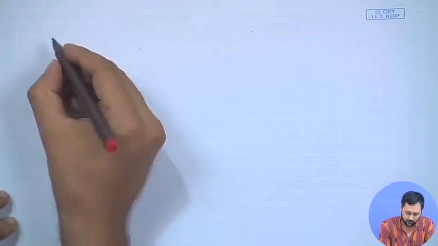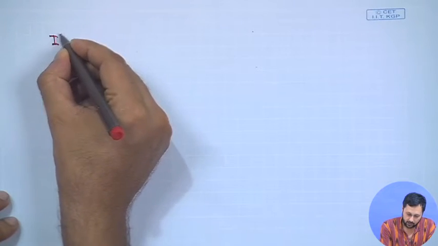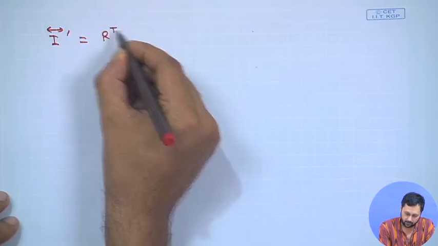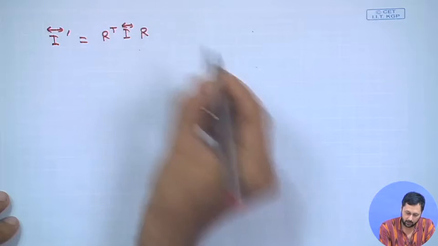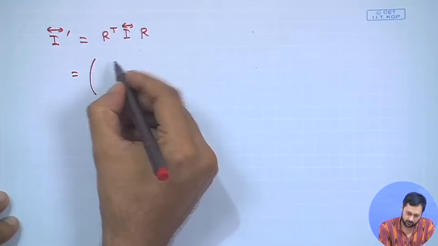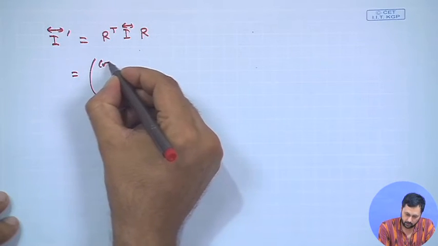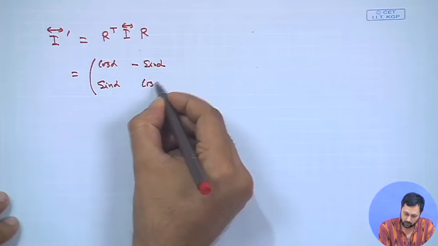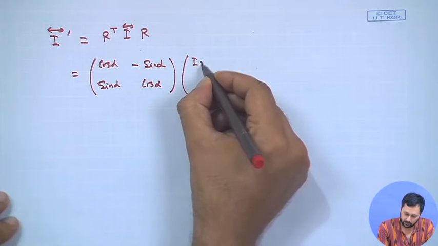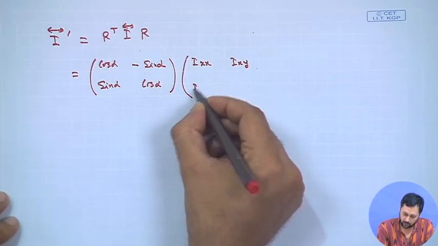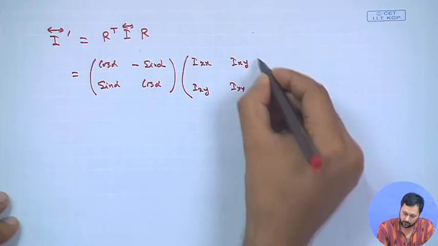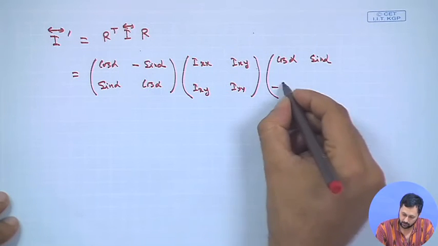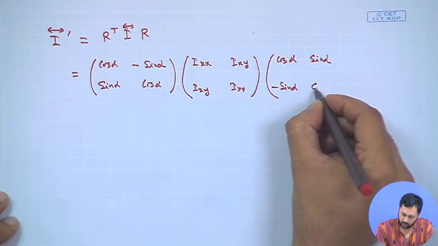Now as we have the rotation matrix, we can calculate I prime in the new coordinate system, which will be simply given by R transpose I R. Now if I write explicitly, the form of R transpose will be cos alpha, minus sin alpha, sin alpha, cos alpha, and I is Ixx, Ixy, Ixy, Iyy, and we have R, which is cos alpha, sin alpha, minus sin alpha, cos alpha.